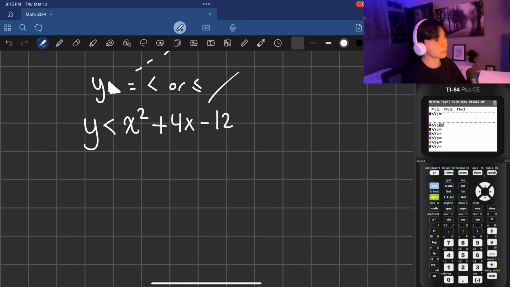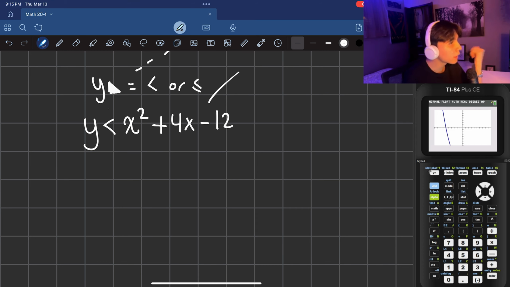So now let's actually try this. Let's plug in our equation as if we were going to graph this normally. We have x squared plus 4x minus 12. If you graph this, this should give us this U-shaped parabola here. Now we're going to apply what we have here. We're just going to hover over our y.